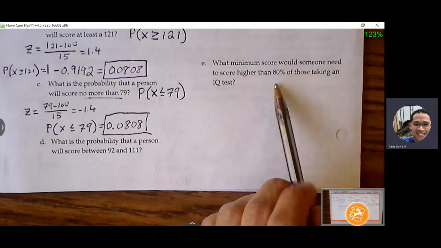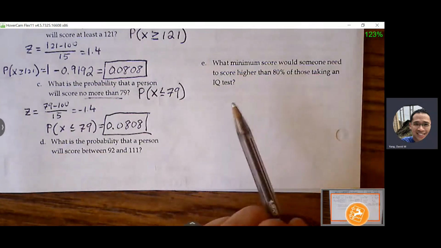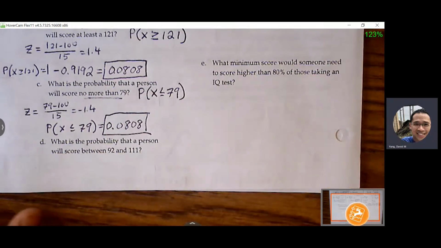Okay. Part E is a little bit strange. You have to solve for a different variable, but I'll do part D first.